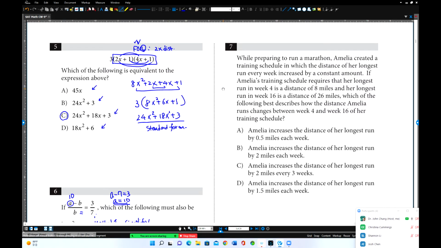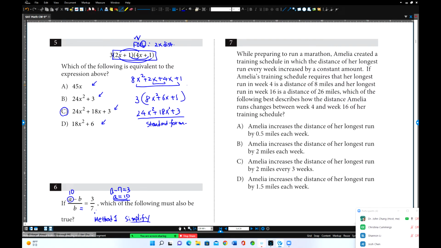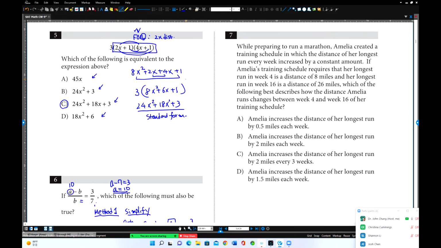Alright, move on to number 7. While preparing to run a marathon, Amelia created a training schedule in which the distance of her longest run every week increased by a constant amount. That is linear. Increased by a constant amount.